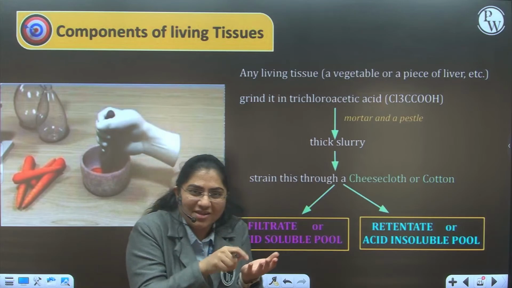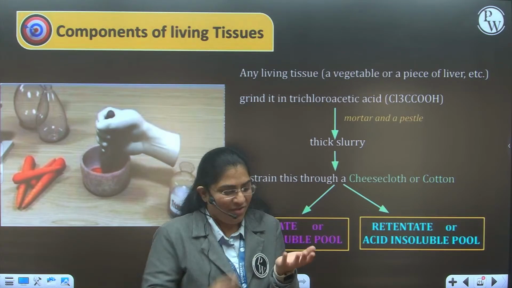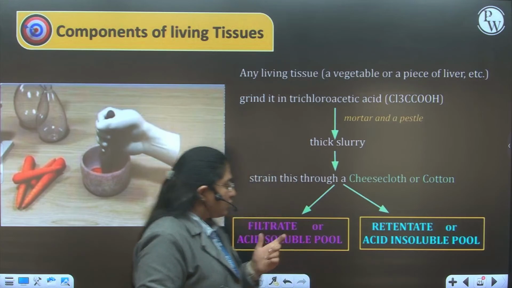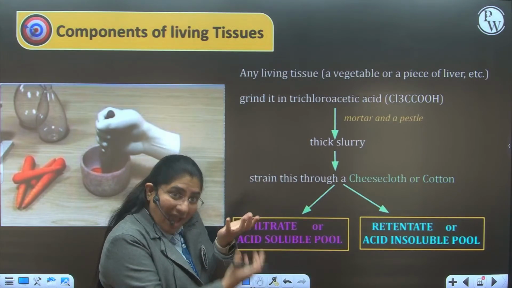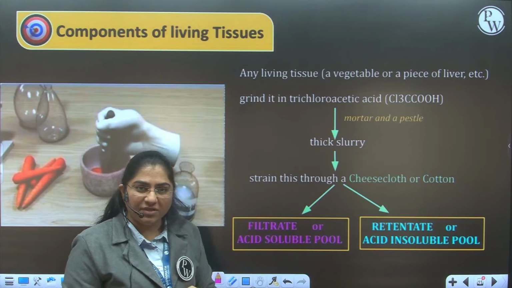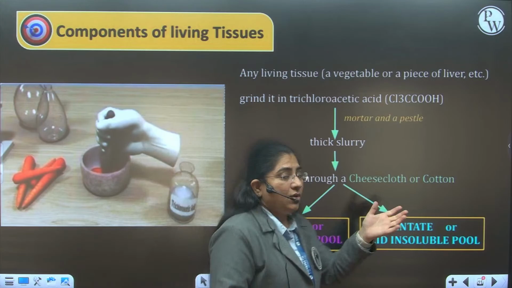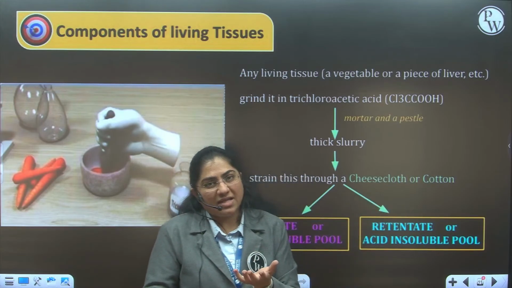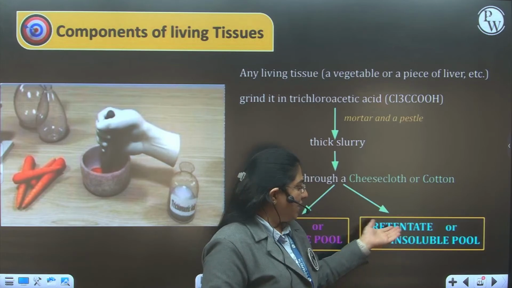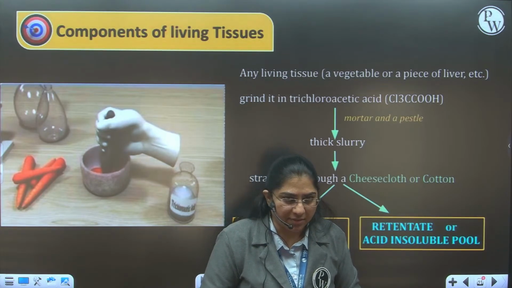Whatever is dissolved in the acid gets filtered out, and whatever is not dissolved remains in the cloth. So whatever is filtered out is acid soluble, also called the filtrate. Whatever does not dissolve in the acid is the acid insoluble pool and is called the retentate.